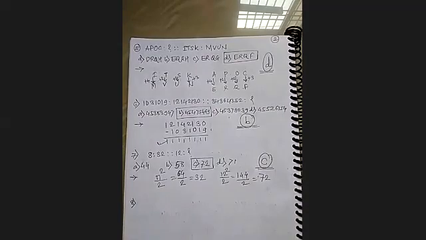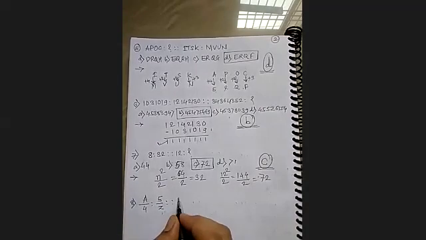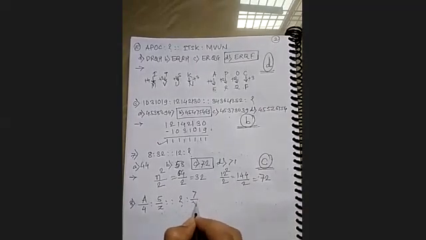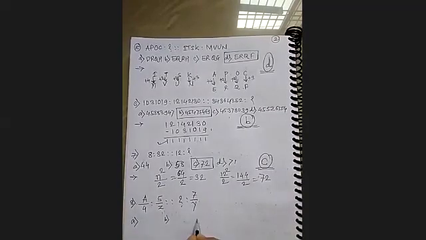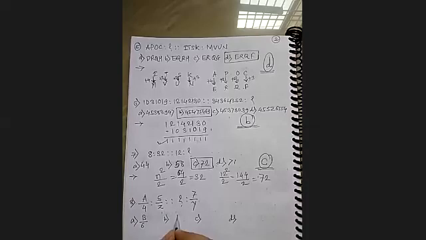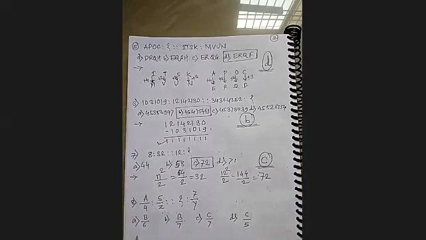Now, A by 4 is to 5 by Z, question mark, 7 by Y. Options: B by 6, C by 7, C by 5.